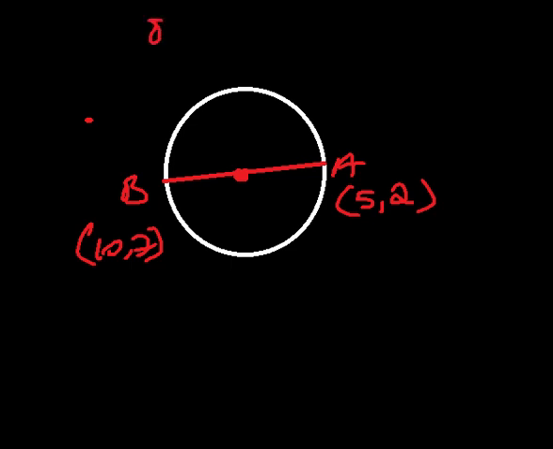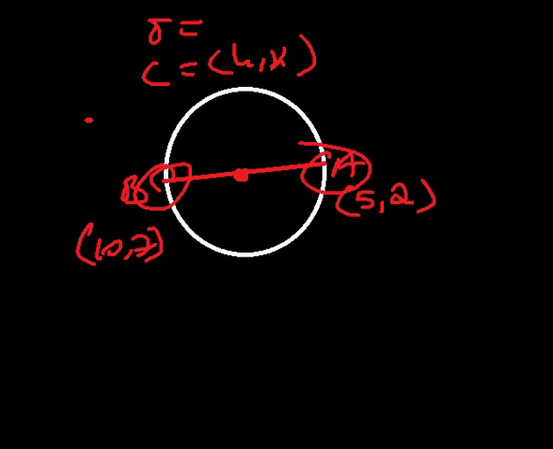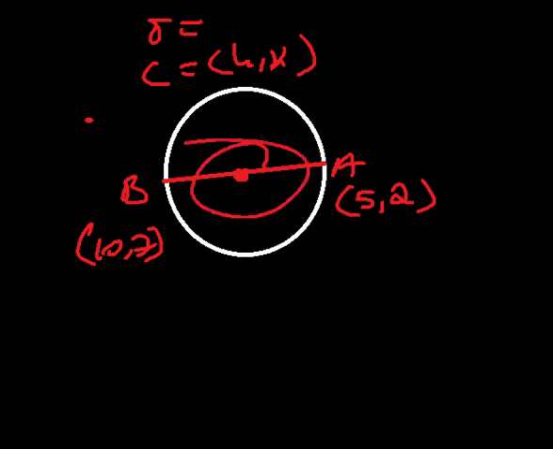Mind you, we just need the radius as well as the center coordinates, and then you have the equation of a circle. Since we have a diameter here, we should calculate the center of the circle first. What is the center? We use the midpoint formula.